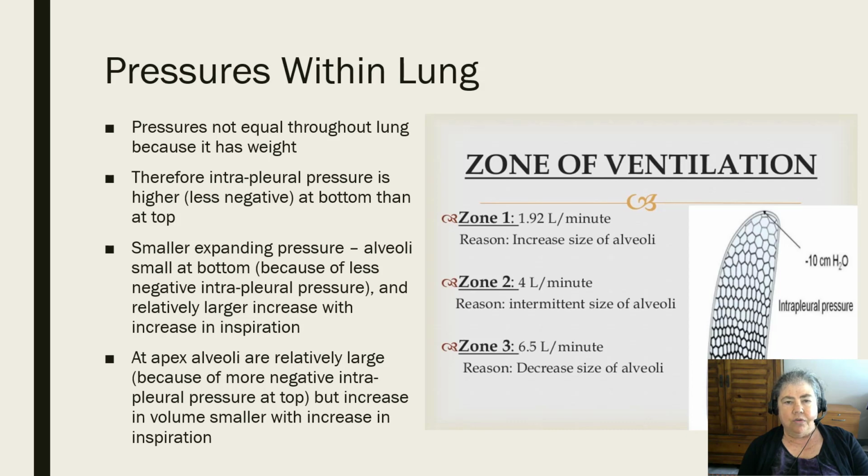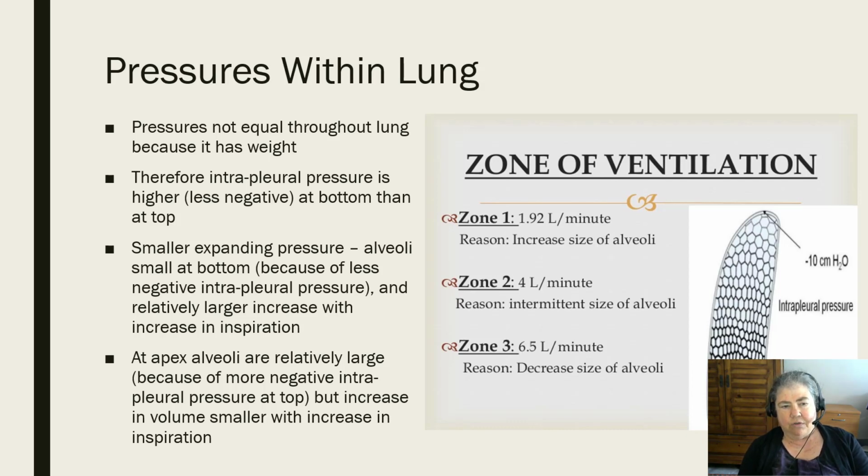Now, during an inhalation, the smaller alveoli at the bottom are able to increase in size even more, and so more air ends up moving into the relatively lower pressures but smaller alveoli at the bottom of the lung.